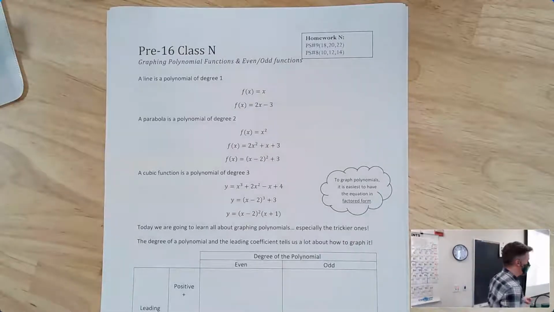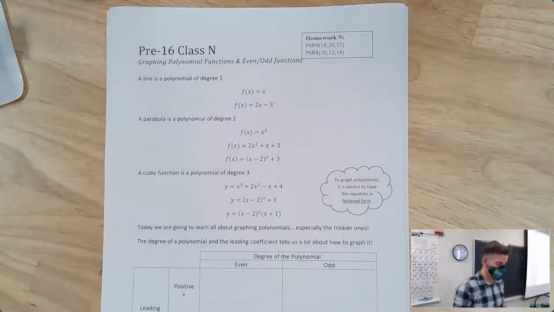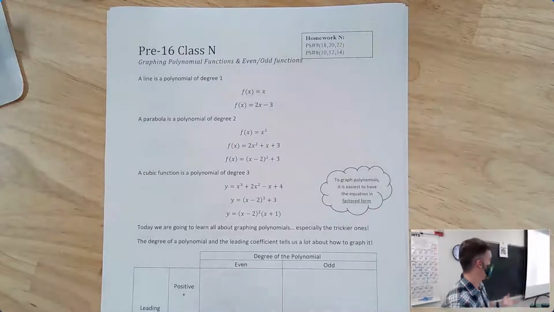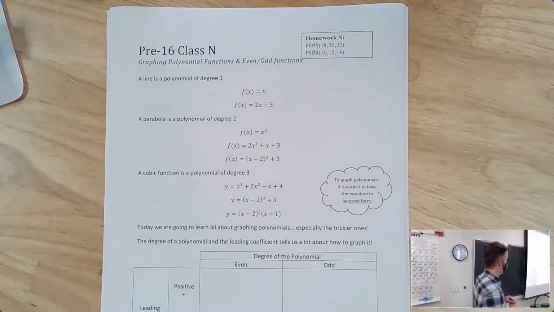So just a few things, some names, or nomenclature, if you want to call it. A line is a polynomial of degree 1. And actually, I should back up just a little bit.